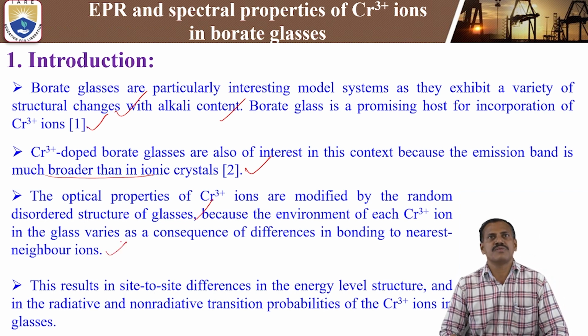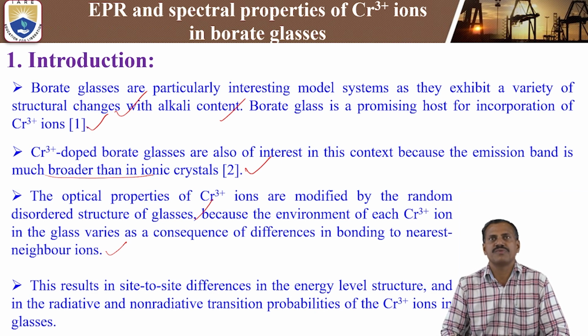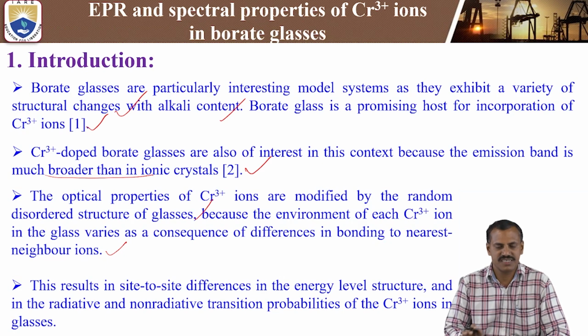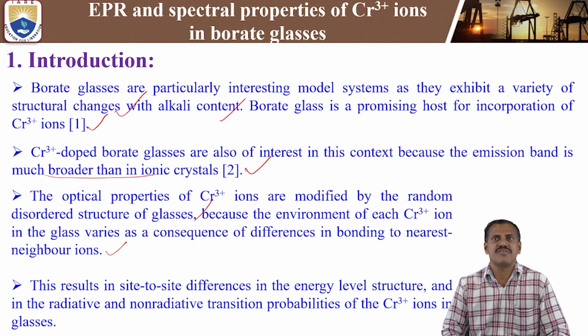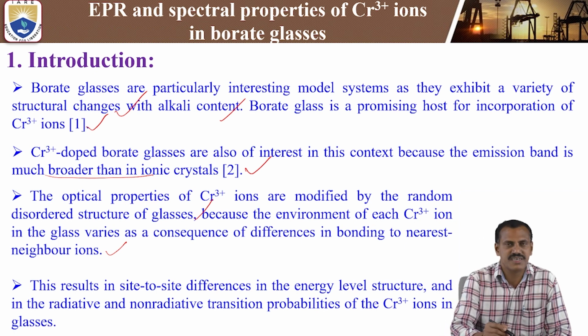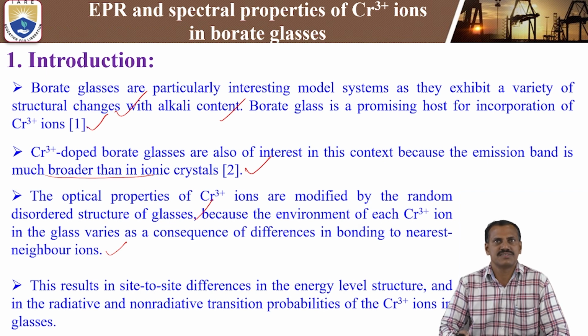The neighboring ions are the ligands. Whenever chromium oxide, Cr2O3, is present, the ligand oxide ions take part in the environmental change, which affects the optical properties.